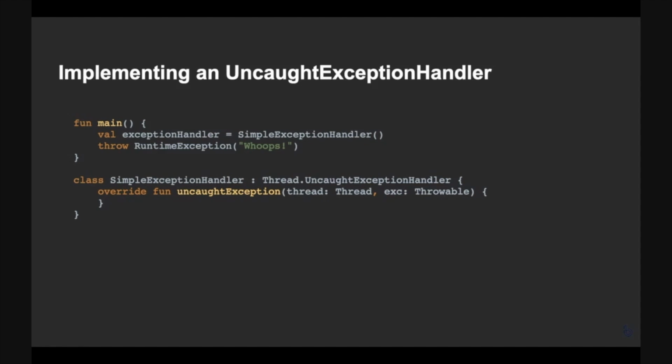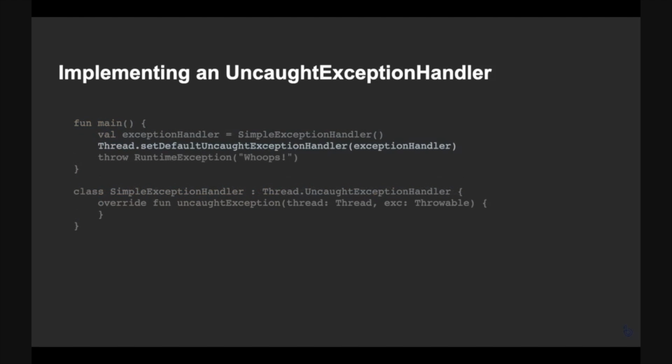And within that interface, there's just one method, uncaughtException, and this is invoked whenever there's an uncaught exception in the program's execution. So if we wanted to set a handler for whenever that occurred, we would just call Thread.setDefaultUncaughtExceptionHandler and then our handler is what will be invoked.